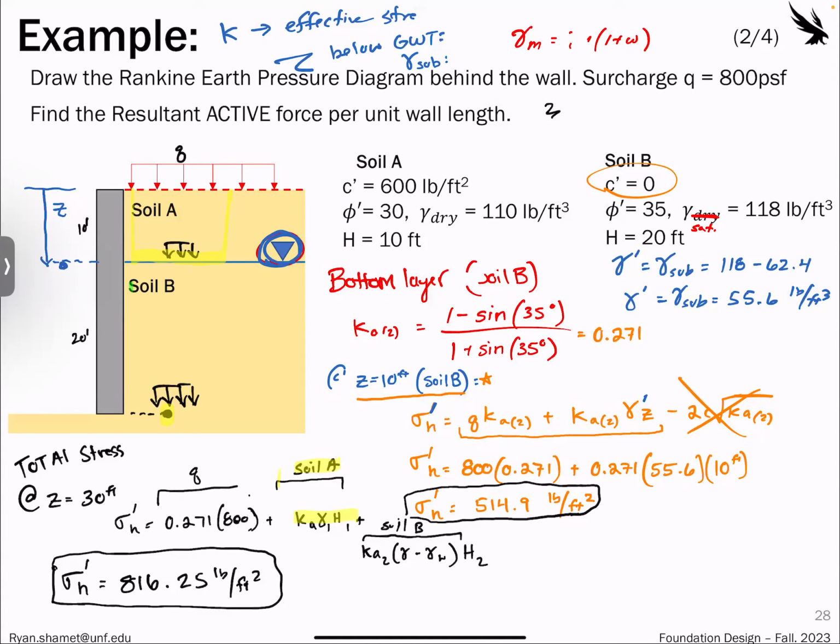A way to think about this, and this could be a crash and burn example, is imagine you're holding a weight over your head, and then you go into a swimming pool and lower yourself down where the weight is still above the water.